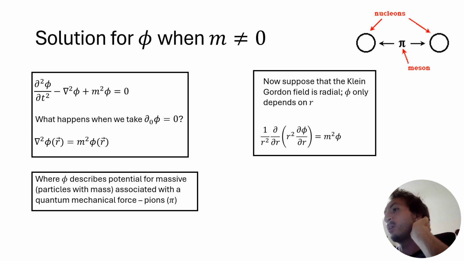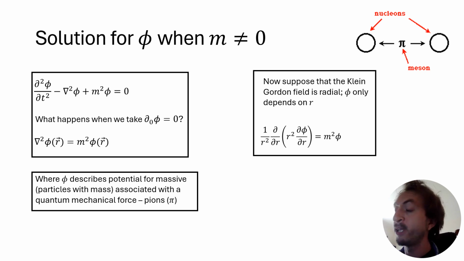But as a technical note, to get our equation for our potential or our field phi, we have to know what the Laplacian operator is for a field in 3 dimensions of space.